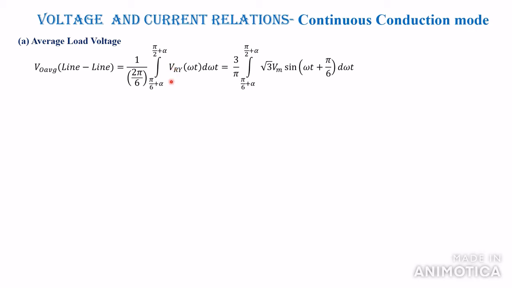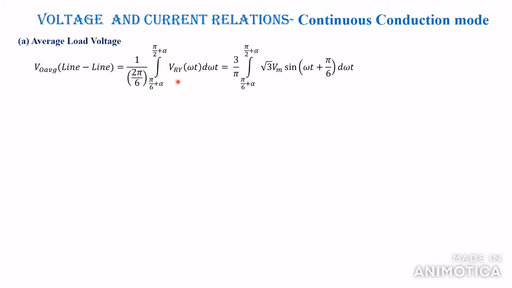If we take the example of alpha equal to 0, VRY will be the output voltage from pi by 6 to pi by 2. This is the interval during which VRY will be the load voltage for alpha corresponding to 0.